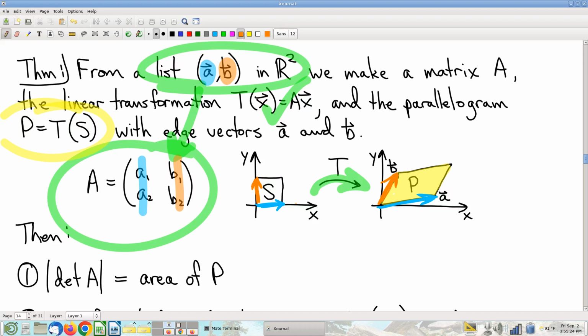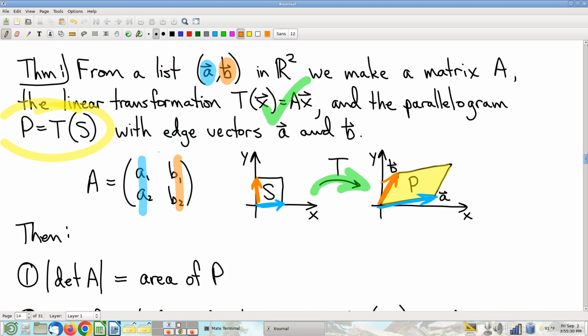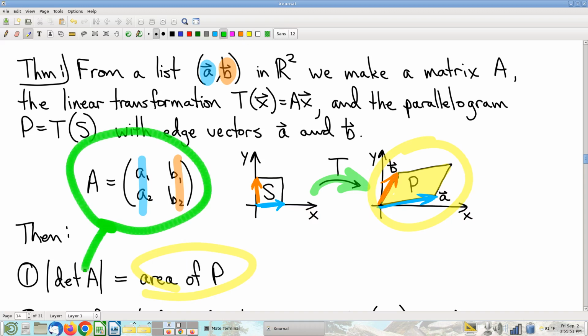Here's where I'm going to make my first substantial statement, and that is this. The area of that parallelogram is equal to the absolute value of the determinant of this matrix.